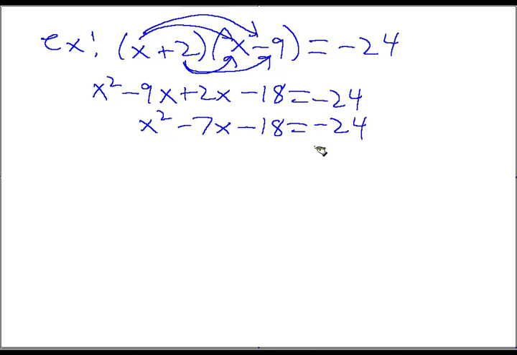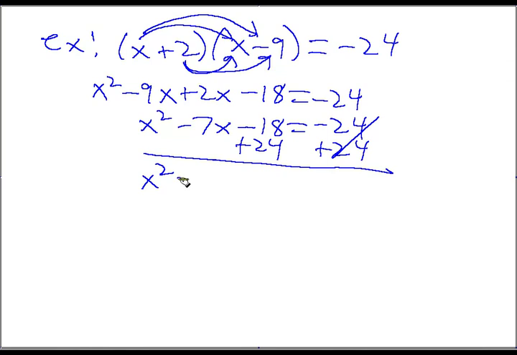Again, make the right side 0. Let's add 24, because it's negative, to zero it out. Add the same number to both sides. So I get x squared minus 7x plus 6 equal to 0.